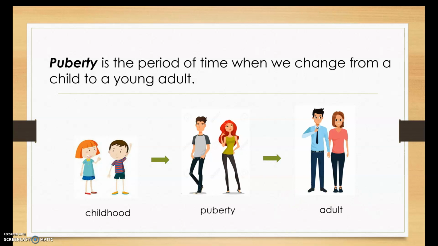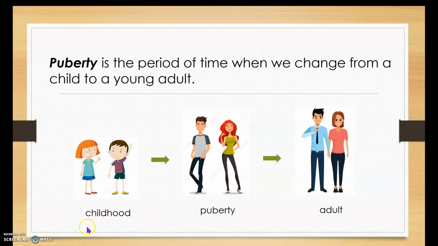In this picture, we have the children in their childhood stage. When the child starts to experience physical changes, he or she is maturing and then will become a young adult, and that is puberty. Then from a young adult, we are still growing or still maturing. Then we will become an adult.